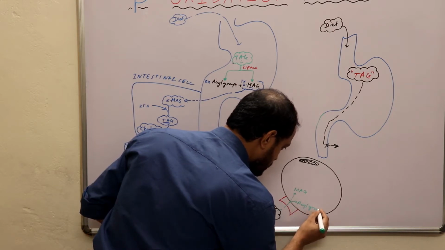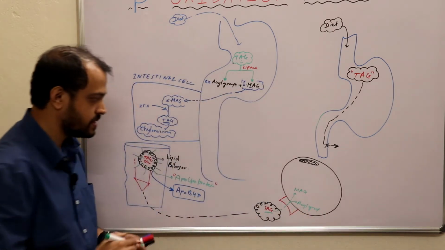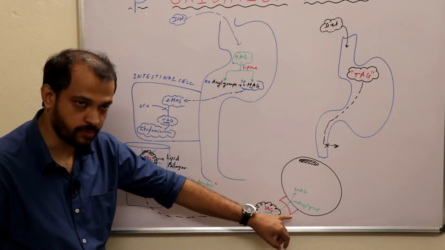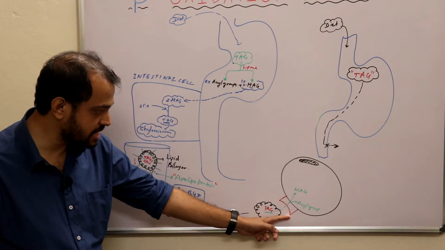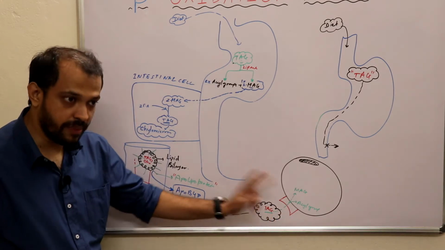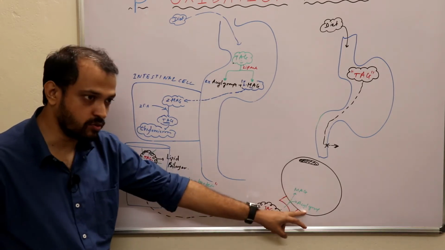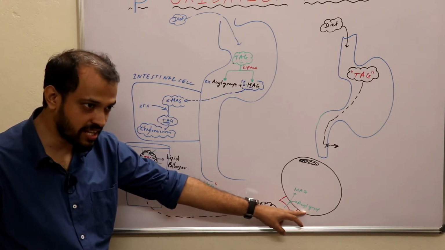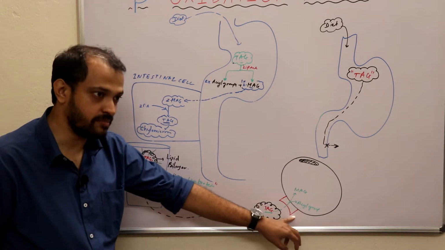Can you name this enzyme? Whenever chylomicrons interact with this enzyme, it breaks down TAG into MAGs and acyl groups. No, this is not hydrolase. This is known by the name of lipoprotein lipase.